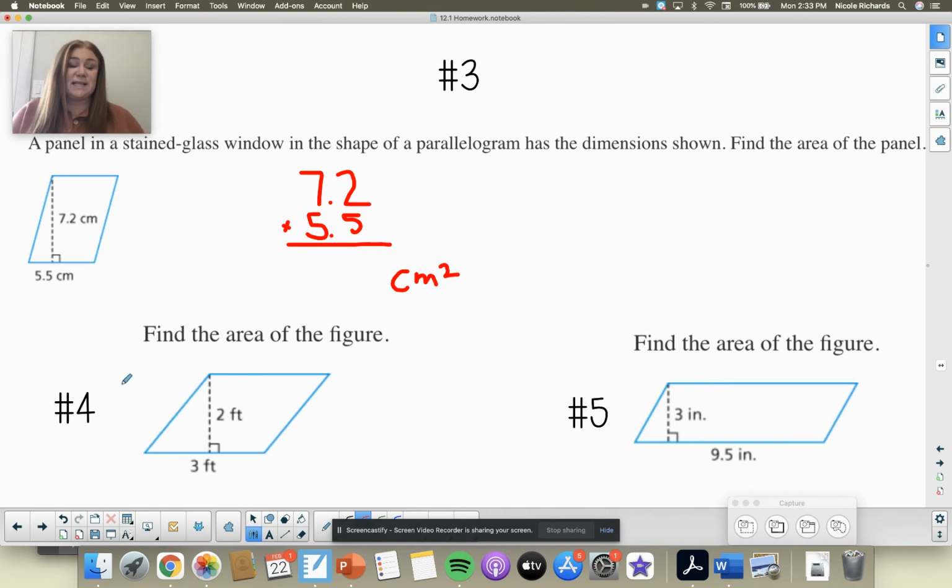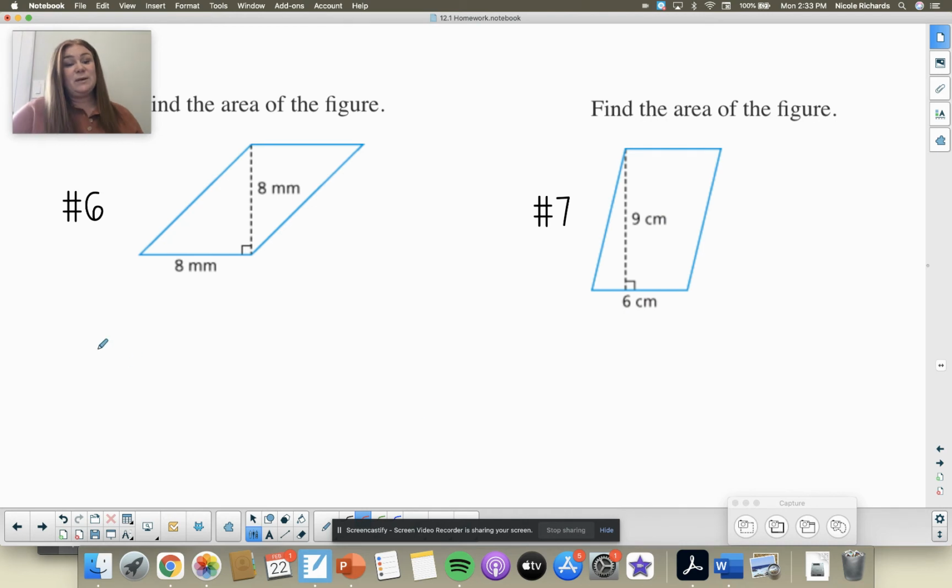So we're going to do the same thing for all of these, or just finding the area. Base times height. Remember, height goes from that perpendicular right angle. Here we have base times height. So we'll multiply by 3 to find that area, inches squared. Number 6 is going to be the same thing.